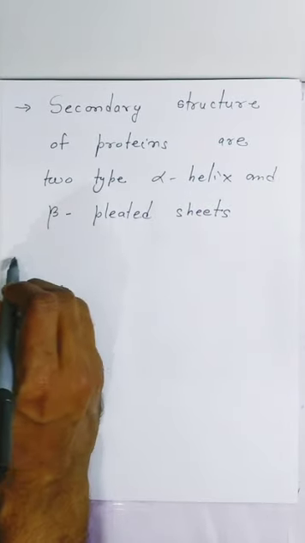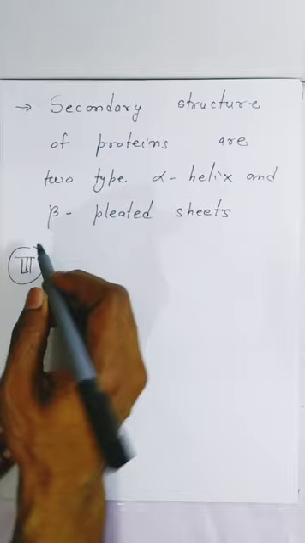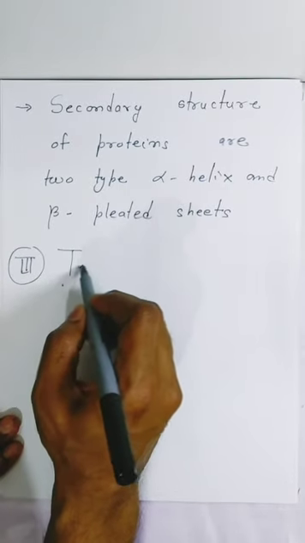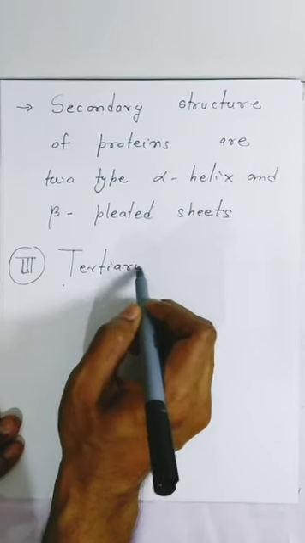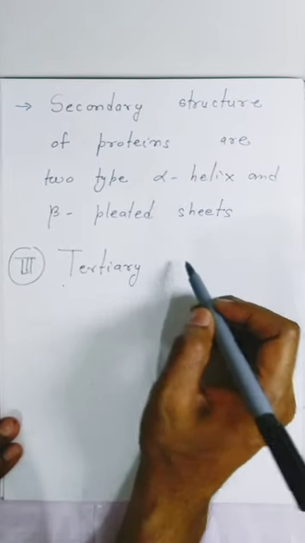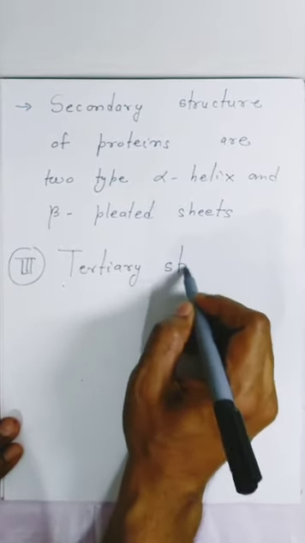Now students, we will see the tertiary structure of protein. In tertiary structure, students, we will find three dimensions: length, breadth and height.